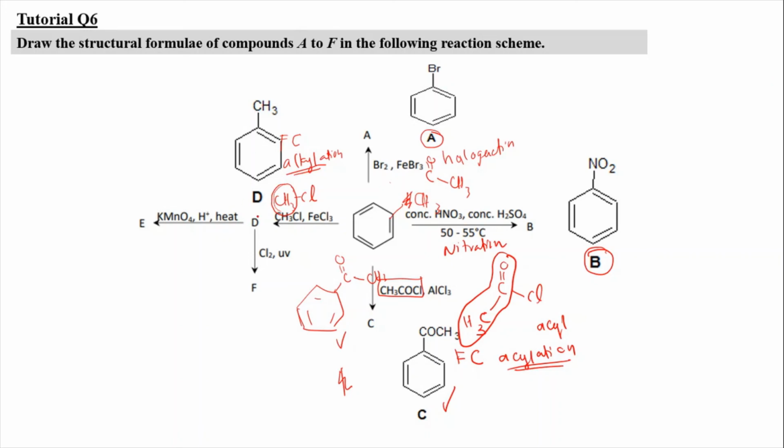And now for compound D that we have drawn, it will undergo oxidation with KMnO4. So as mentioned, the oxidation will not occur on the benzene ring. It will occur on the side chain of the benzene. So the alkyl group is going to be changed into benzoic acid.